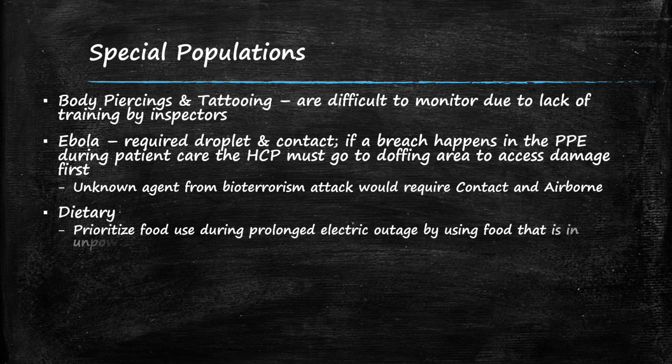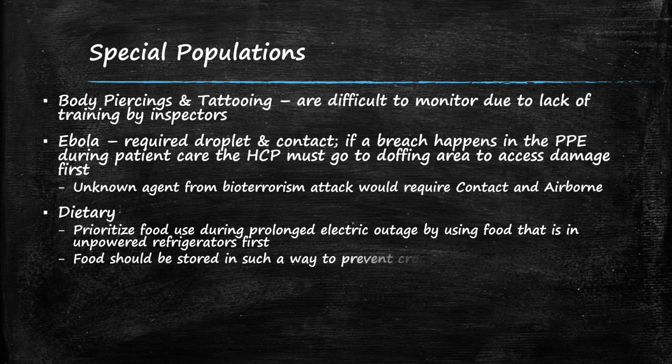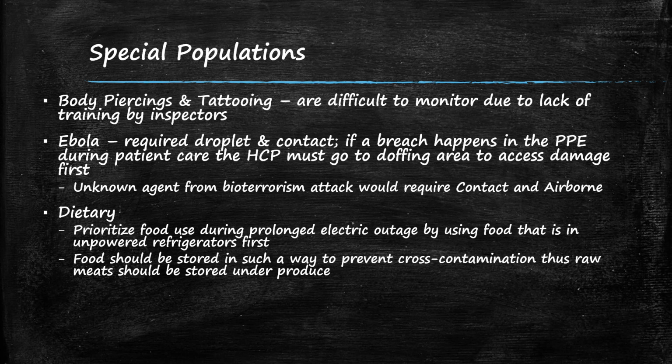In the kitchen, we will prioritize food usage during prolonged electrical outages by using food in unpowered refrigerators first. And food should be stored in such a way to prevent cross-contamination. Thus, raw meats should be stored under produce, not the other way around.